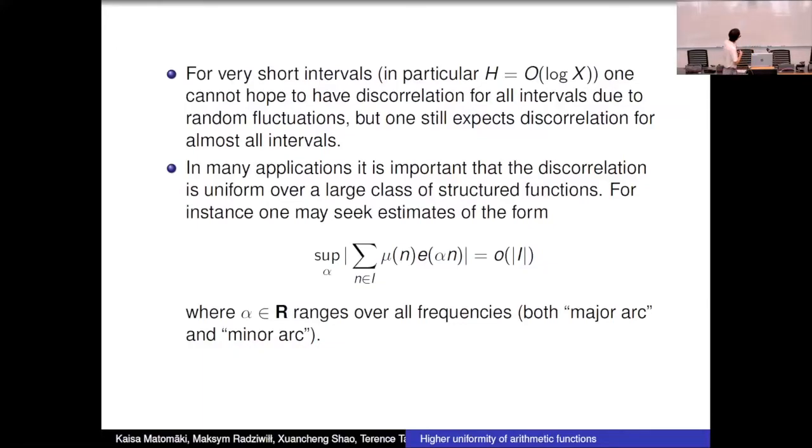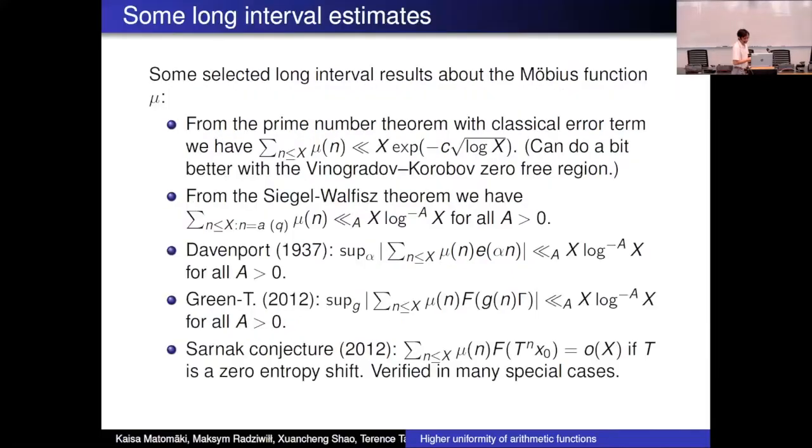And this alpha often ranges over both major arc type frequencies, which are close to rational, and minor arc frequencies that are very irrational, and you want uniform bounds on both, and that's often very important in many applications. For instance, you want to use the circle method or something. So let me just give you some examples.